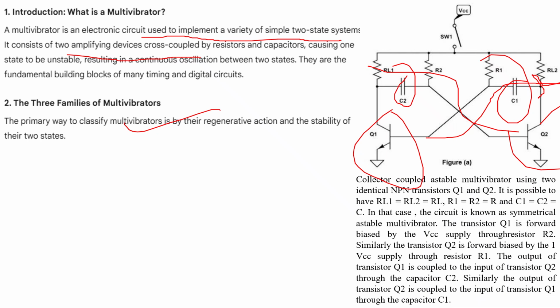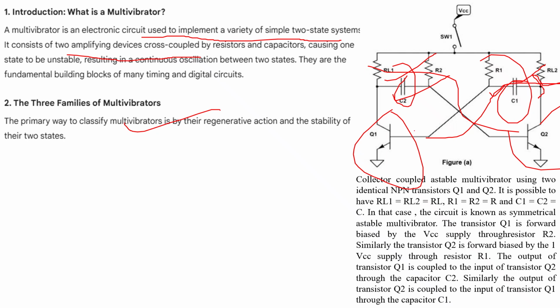The collector coupled astable multivibrator uses two identical NPN transistors Q1 and Q2. It is possible that RL1 and RL2 are both equal, and also C1 and C2, both capacitances, may be equal. In this case, the circuit is known as a symmetric astable multivibrator.